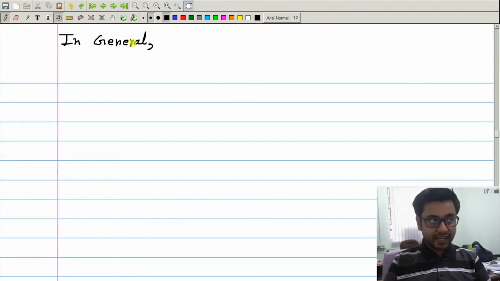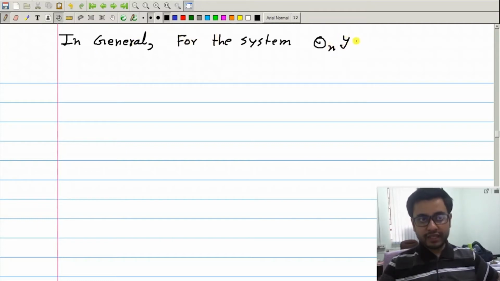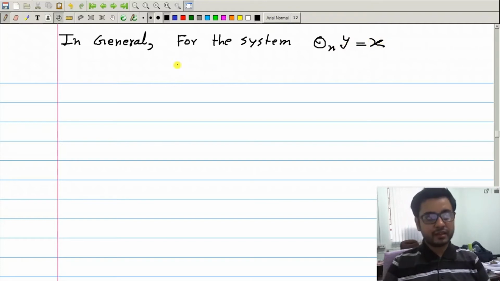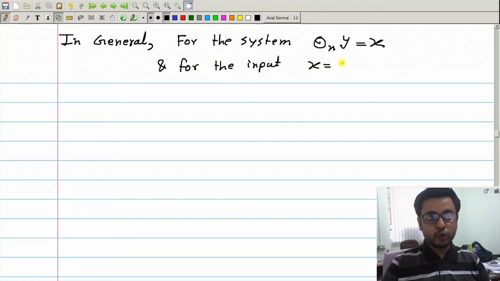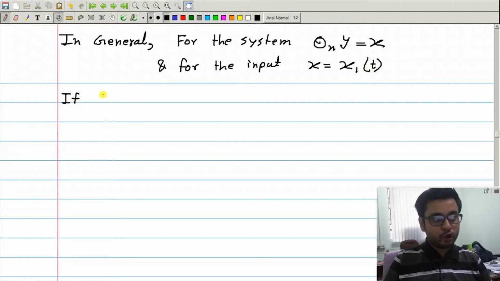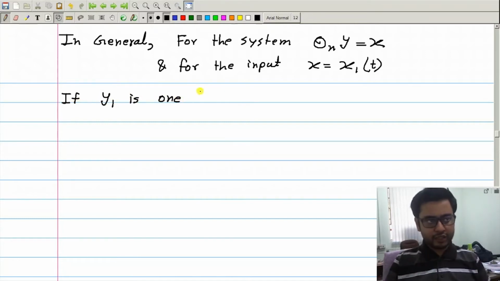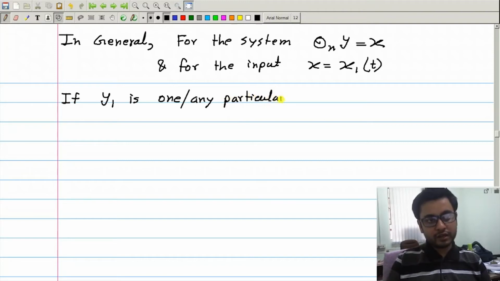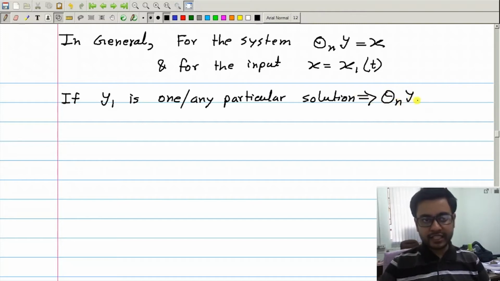Now let me generalize. For the system Ly is equal to x, and for the input x equal to x1(t), if y1 is one particular solution, or any one particular solution, that means L acting on y1 gives x1.